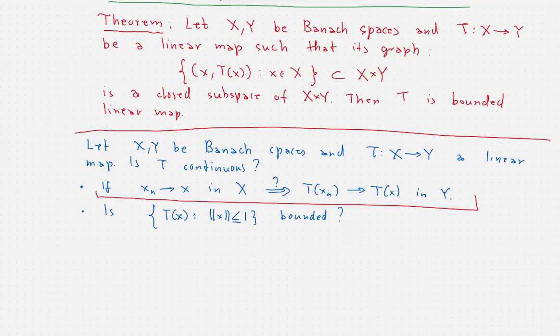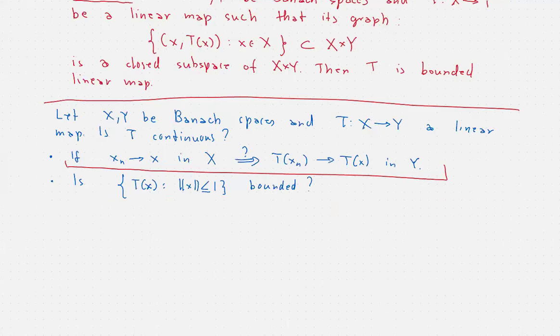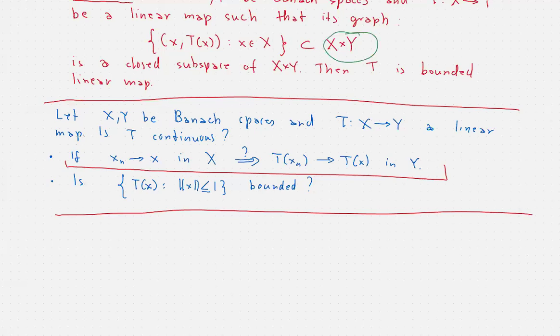So basically, what closed graph means is the following. First of all, one of the things that one should note here is we're looking at this Banach space, the product of the two Banach spaces, which consists of all the pairs. And we can ask, how is that a Banach space? What is its norm, first of all?